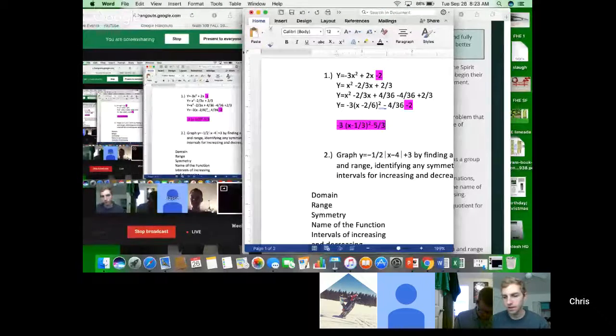Because that's how it was in the beginning when we were doing completing the square, back in chapter 1. Could be. So the answer for that one would be 2/3 plus or minus the square root of 4/36 minus 2/3 equal to x.